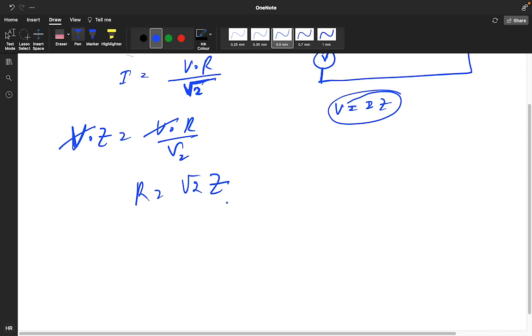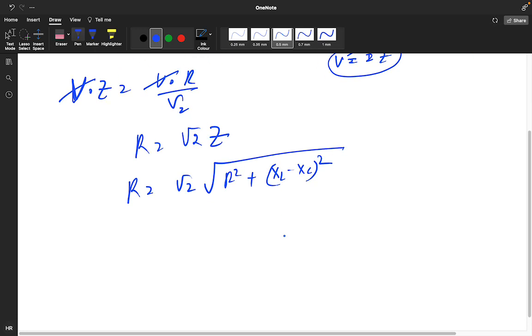And you need to find the value of omega. So R is equal to root 2 times root under R square plus XL minus XC the whole square. Okay, now you need to solve this equation.